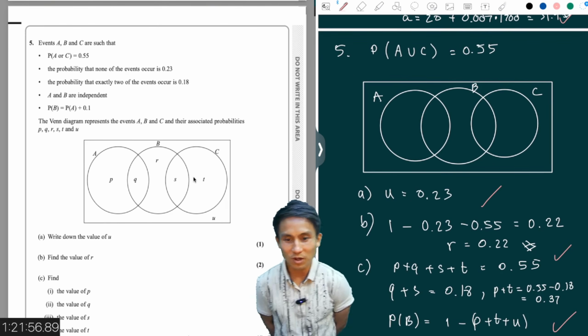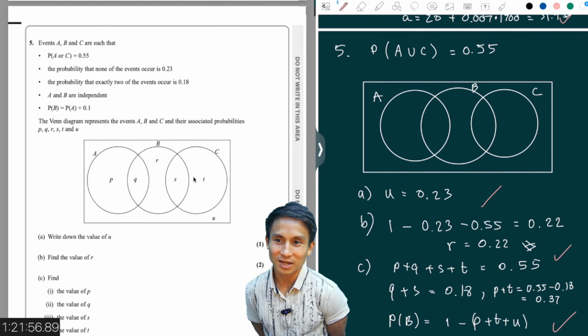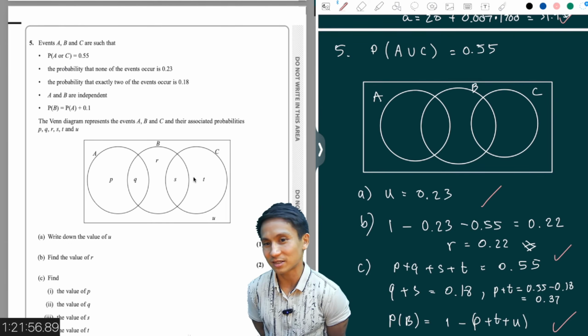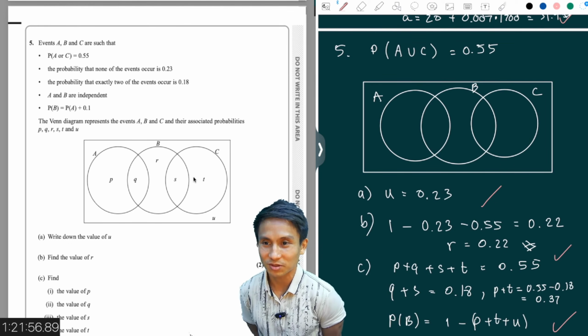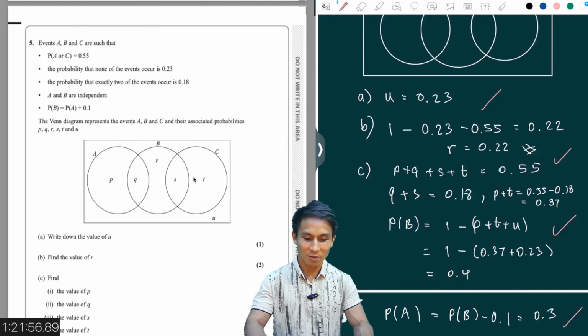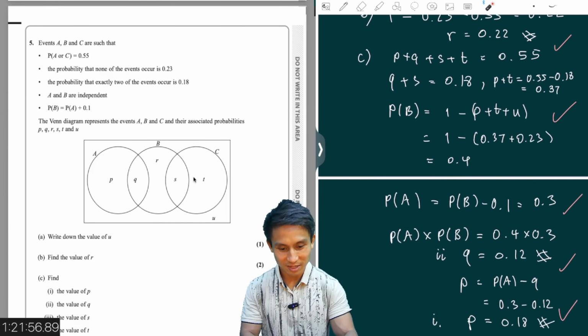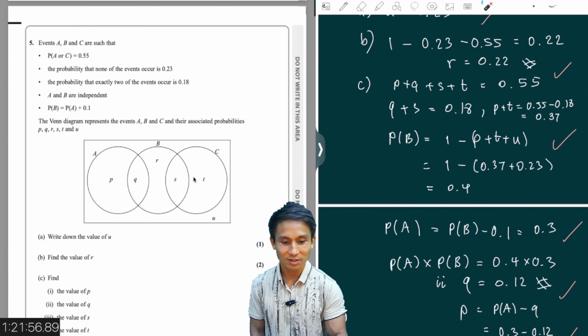Okay, so this one I didn't quite see first, that we can find P(B) first using just the P and T there. So I was missing this key information. I could find P(B) first, just by knowing that P plus T plus U is just 0.37 plus 0.23.